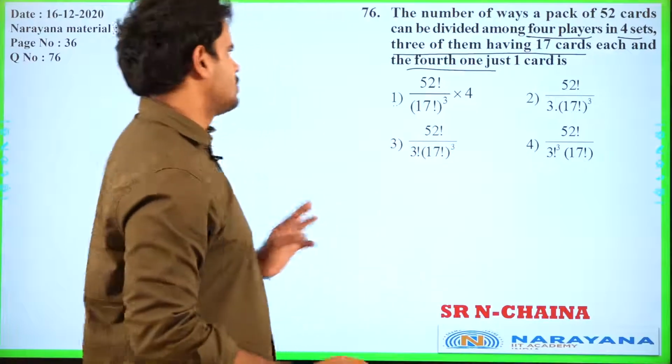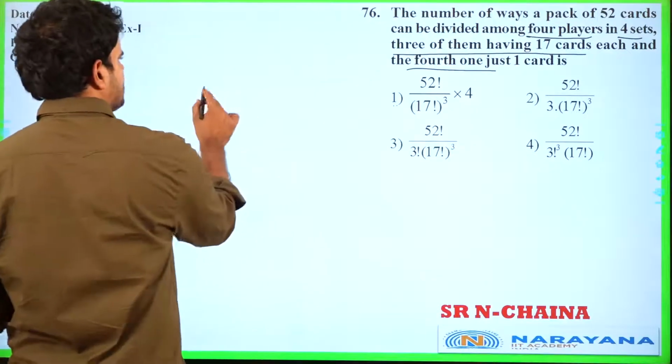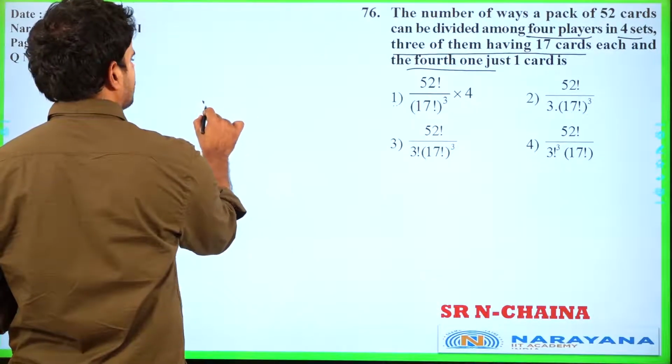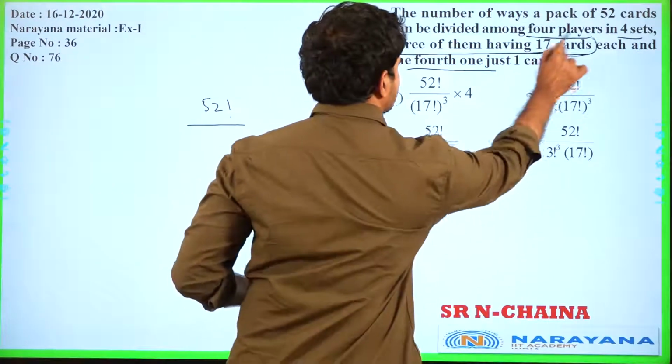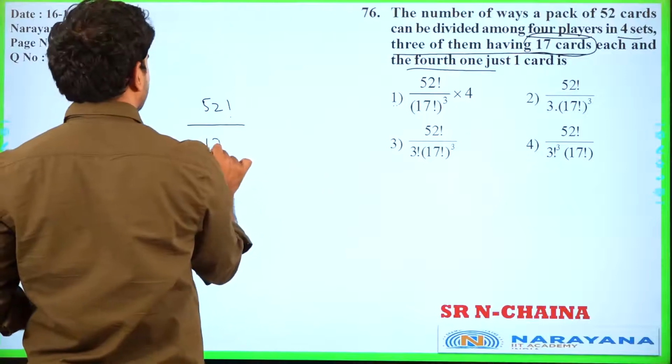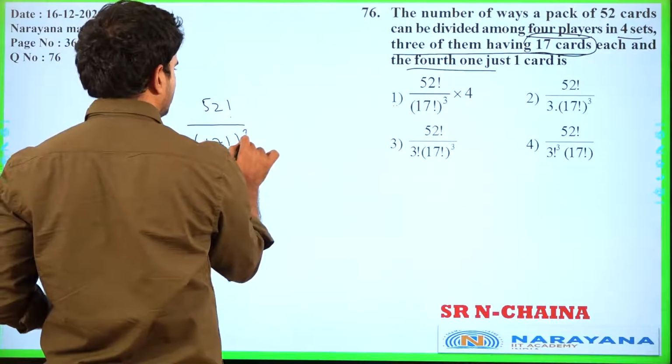So what happens is it becomes 52 factorial as it is, and 3 of them should have 17 cards, so divided by 17 factorial whole cube. Till here I am happy.